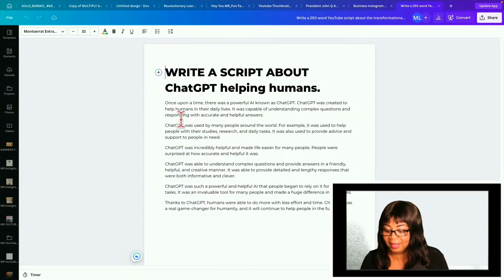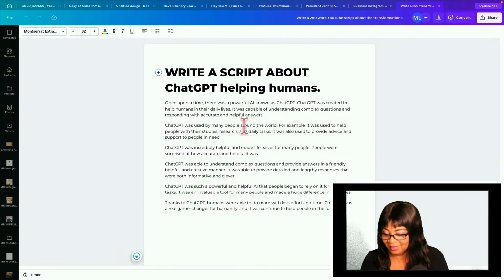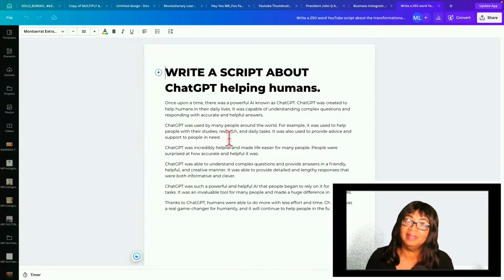ChatGPT was created to help humans in their daily lives. It was capable of understanding complex questions and responding with accurate and helpful answers. Isn't that nice? ChatGPT was used by many people around the world. For example, it was used to help people with their studies, research, and daily tasks. It was also used to provide advice and support to people in need.